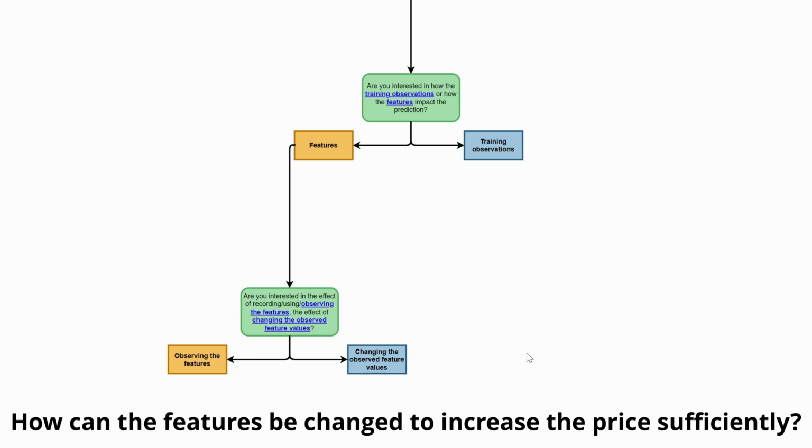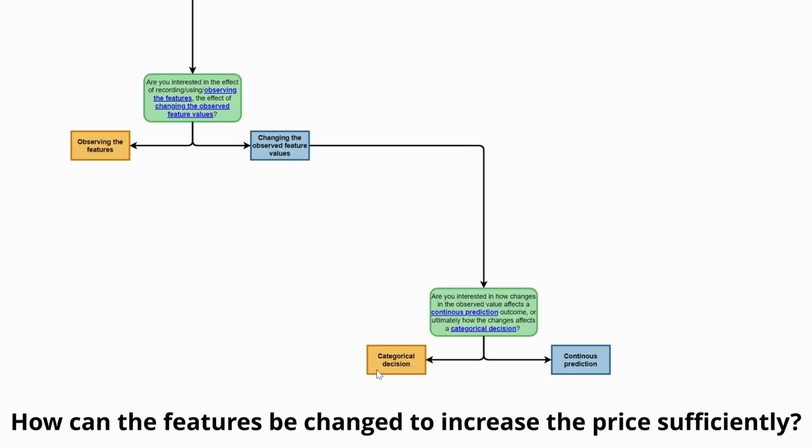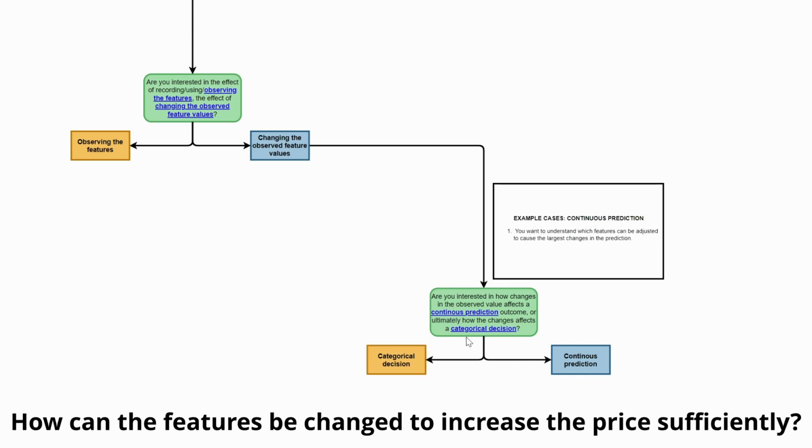This case is not about removing features from the model, rather about how changes to the property can increase the estimated price. We therefore go to the right. We're now asked whether we are interested in the prediction itself or some decision or classification based on the prediction. Once again, we can click on the blue text for example-based guidance.